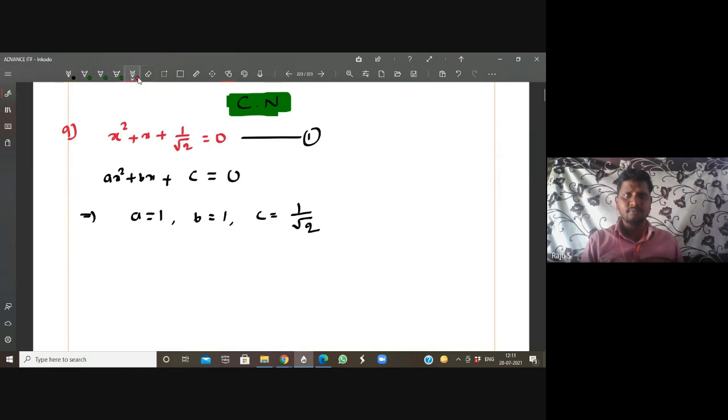Right? After that, what shall we do? After comparing, we obtain like this. After obtaining all this, therefore the discriminant of the given equation.